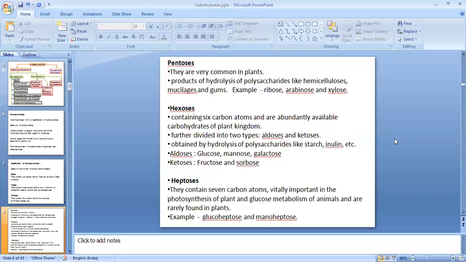It is the last class of monosaccharide. They are important and play a role in photosynthesis of plants and glucose metabolism in animals. Examples are glucoheptose or mannoheptose. So that is about the classification of your monosaccharides.